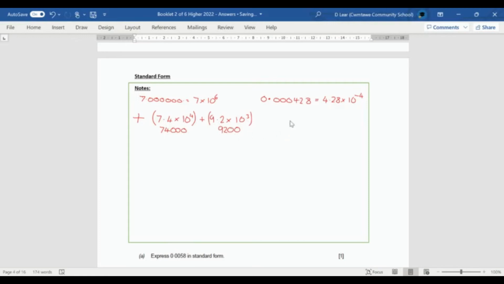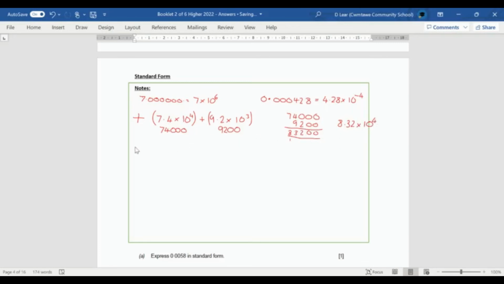Then you can add those together, just line them up properly if you're doing this method. So the 9 is under the 4 because this has less zeros at the end. Add them up and write your answer in standard form. 8.32 times 10 to the power 1, 2, 3, 4 jumps.